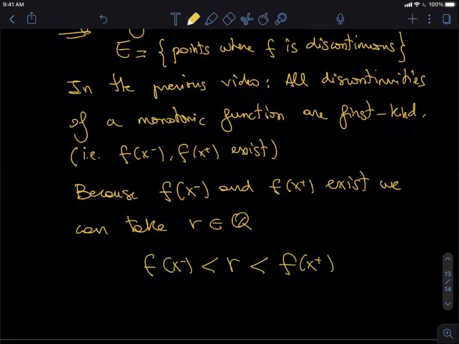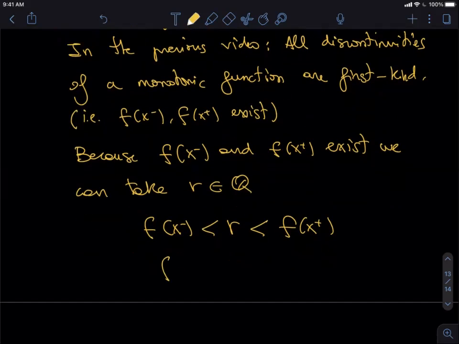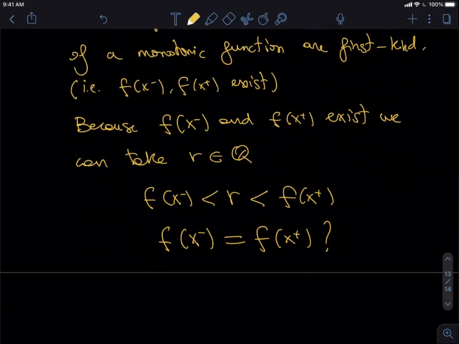Okay, you may object, hey, what happens if there is no space? Is this possible? Well, in this case, we would have a removable discontinuity. But in this case, the function is basically continuous. So here, what matters is that we have a jump discontinuity.